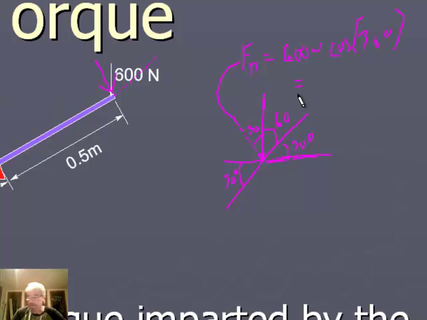And if you calculate that, you come up with 520 newtons. So that's the torque-producing force. But I wanted to know the torque, and torque, remember, is force times lever arm. So here it's going to be 520 newtons times the lever arm, which is a half meter. And so I end up having a 260 Newton meter torque caused by this force.